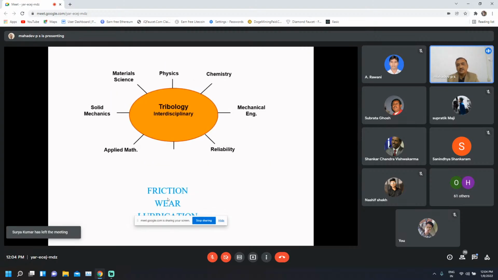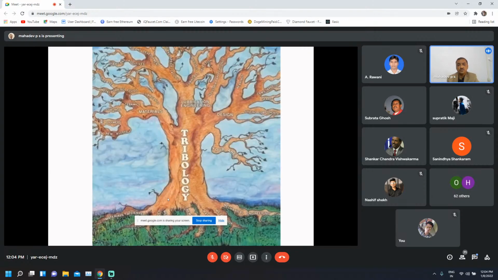And so it's a multidisciplinary subject involving the study of chemistry, physics, mechanical engineering, reliability, applied mathematics, solid mechanics, and material science. So tribology is the study of friction, wear, and lubrication. If you look at the tribology tree, you can see it's interdisciplinary in nature.